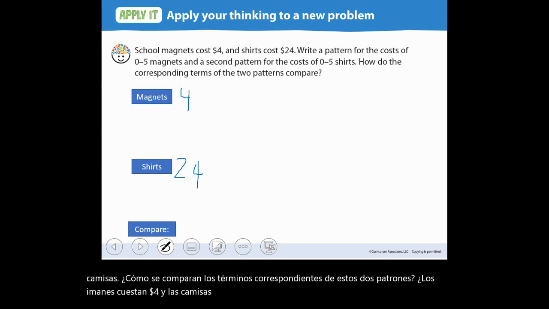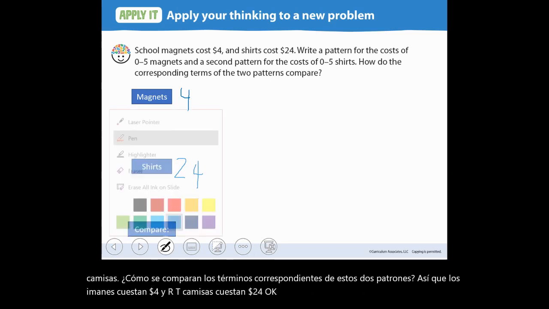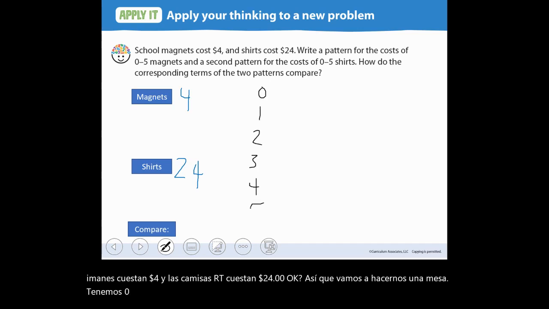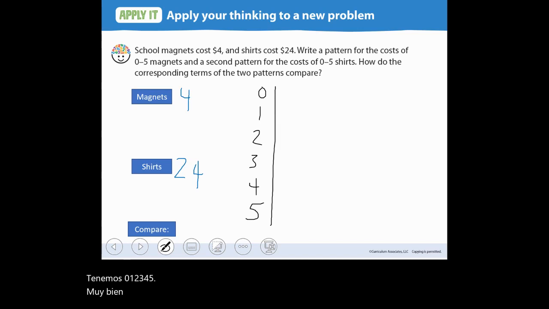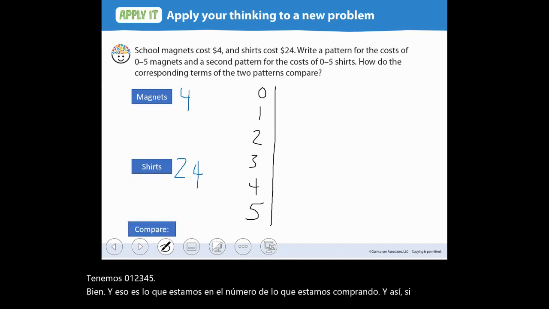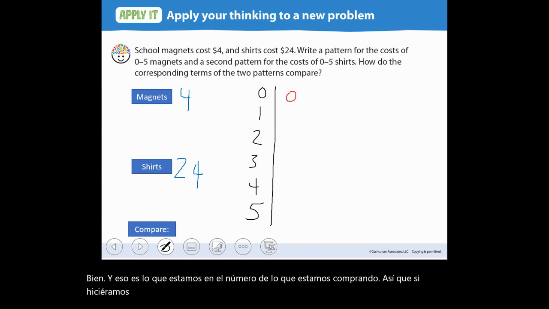Let's make ourselves a table. We have 0, 1, 2, 3, 4, 5, and those are the number of whatever we're buying. If we were to do the magnets, 0 magnets would cost $0.